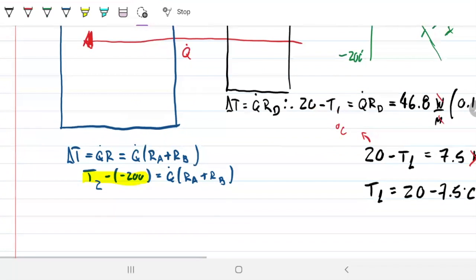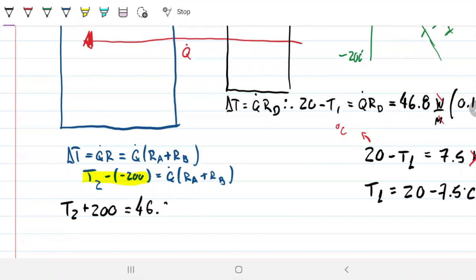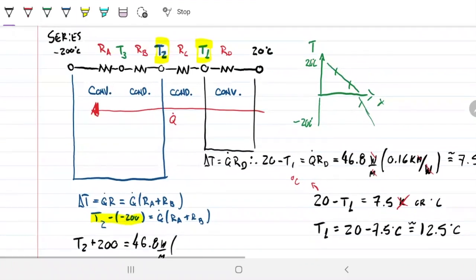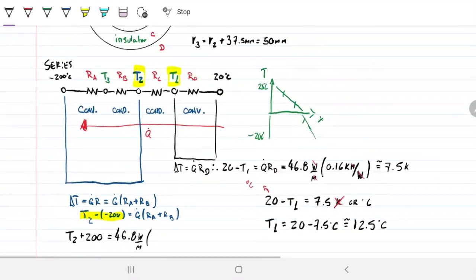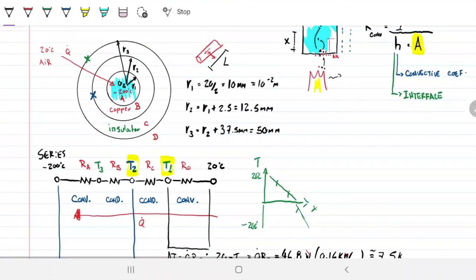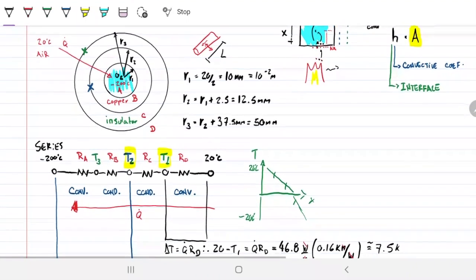So now all we can do is, okay, that means my T2 minus 200, so plus 200, equals my Q, 46.8 watts per meter length, times the sum of 0.16 and 10 to the minus, what was that? Where is it?